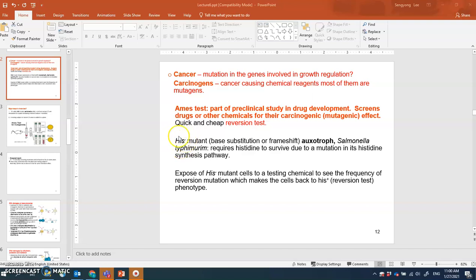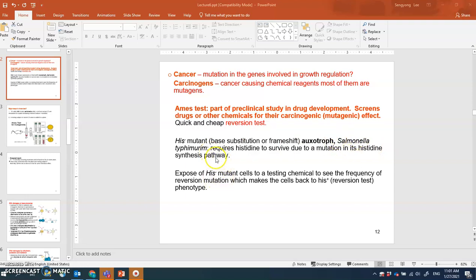That's what His minus mutant means: the His minus symbol shows the phenotype of being unable to synthesize histidine. That mutation is created through maybe base substitution or frameshift, so maybe one functional enzyme is disabled within these cells. Salmonella typhimurium is the name of the bacterial cells, genus and species name.